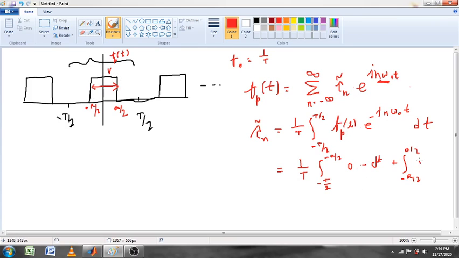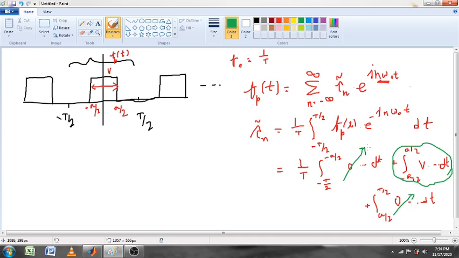So you write V multiplied by something dt, and then the third integration would be a by 2 to T by 2, and then again 0 multiplied by something dt, right? So now we readily see that these two terms, 0 multiplied by something, turn out to be 0. The only integration that we have to do is this one here, right?